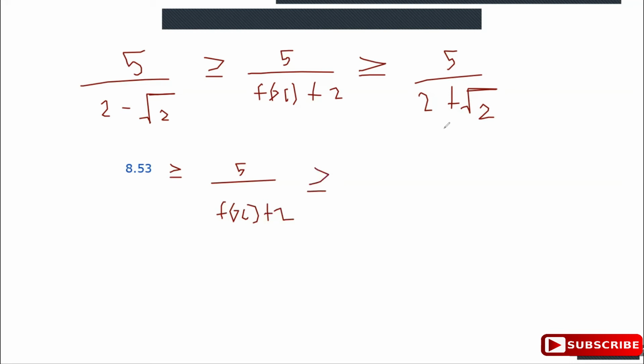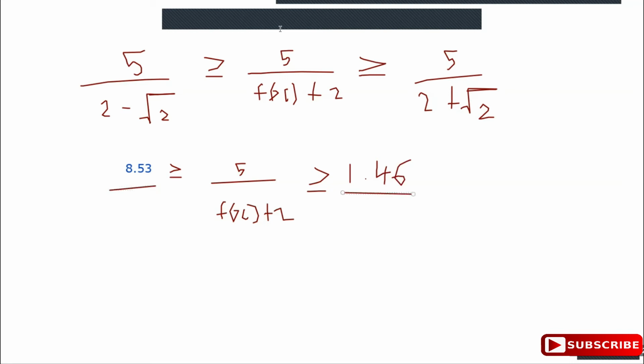That's 3.41, and 5 divided by 3.41 is 1.46. And so what we can finally conclude is that this is going to be the maximum. The bigger one is the maximum, and this is the minimum.